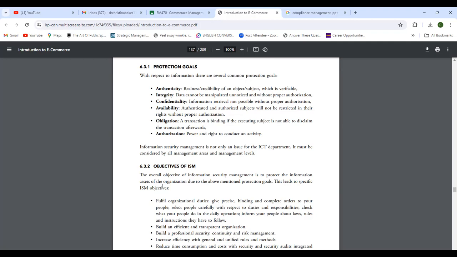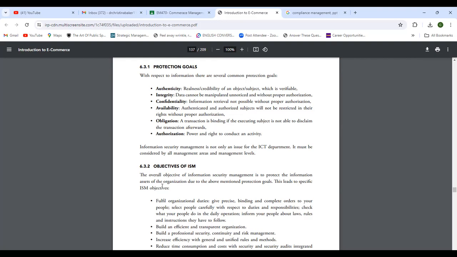Confidentiality: information retrieval is not possible without proper authorization. Availability: authorized subjects will not be restricted in their rights without proper authorization. Obligation: a transaction is binding if the executing subject is not able to disclaim the transaction afterward.